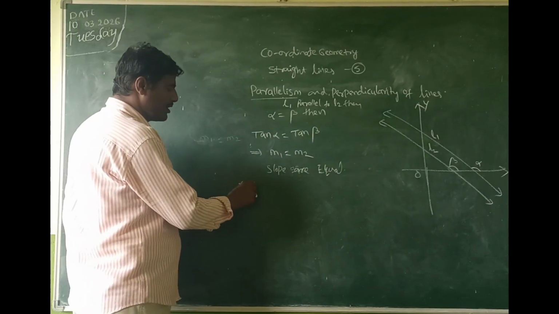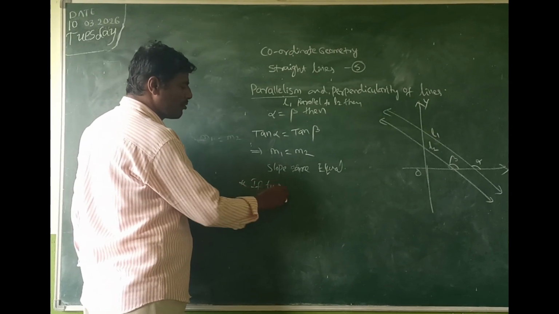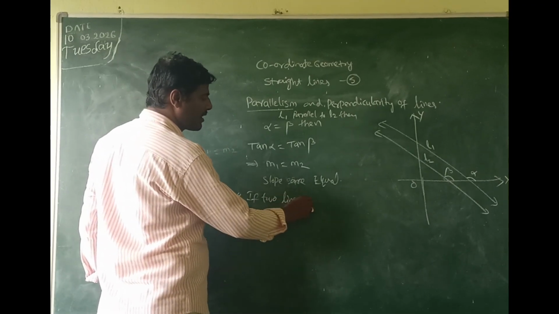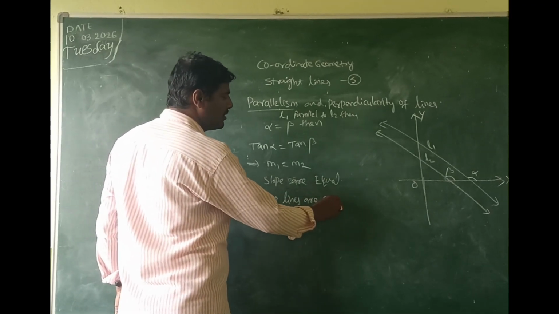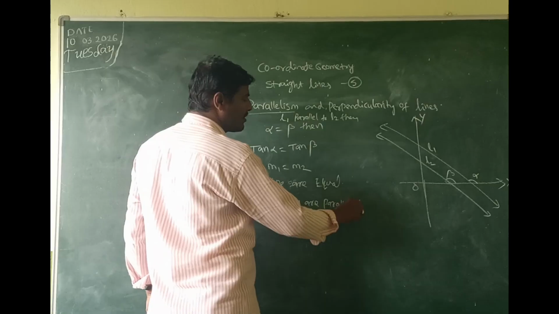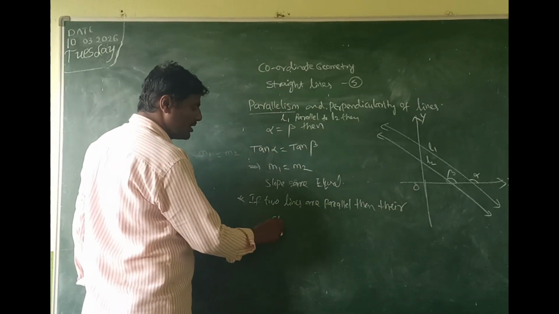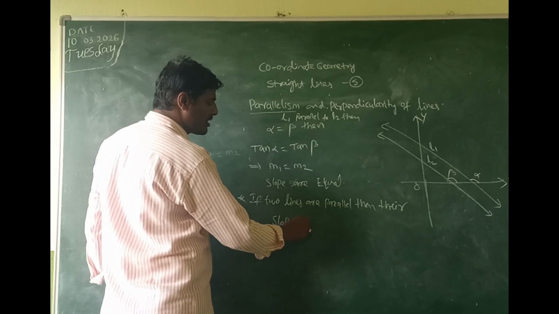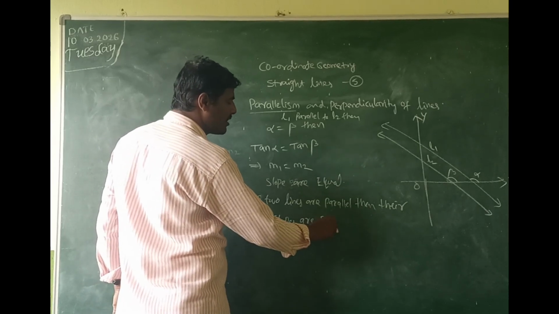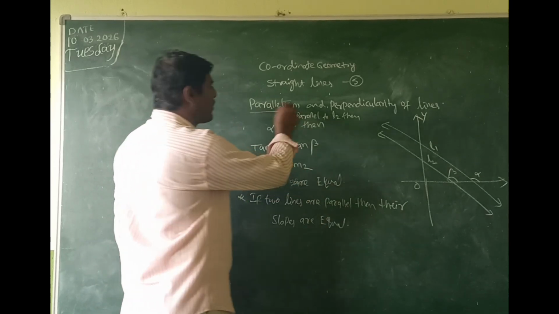Note, if two lines are parallel, then their slopes are equal. This is the condition for parallelism.